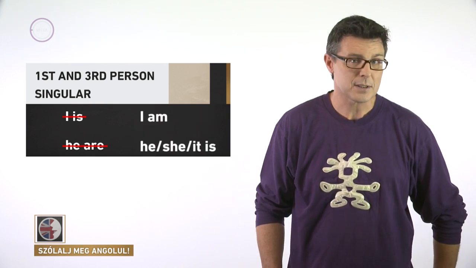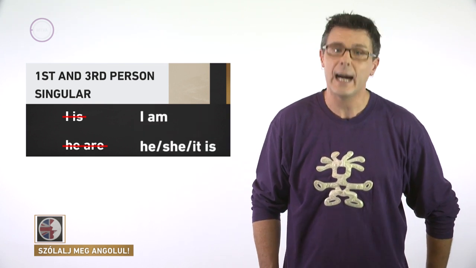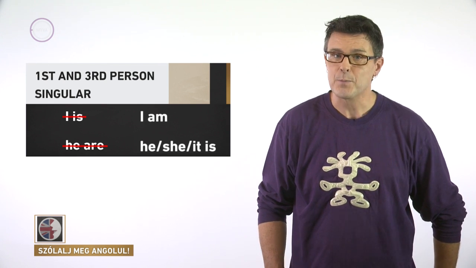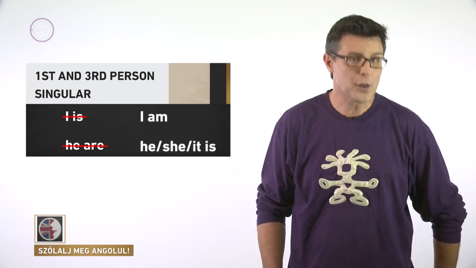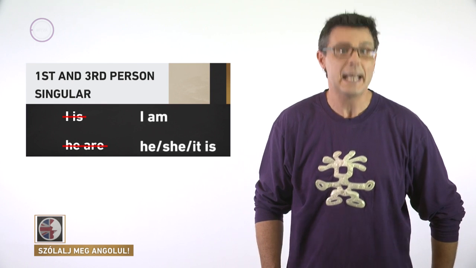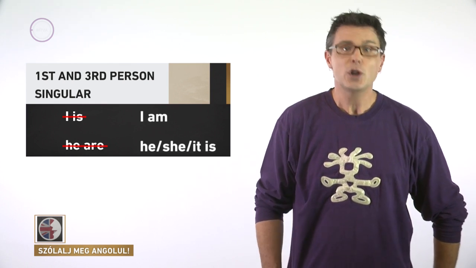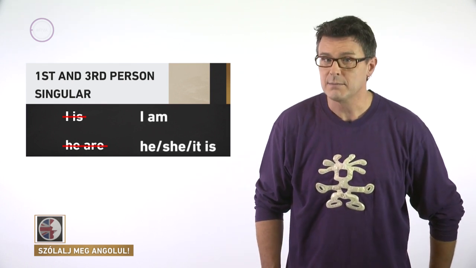With the first person singular, the form is am, I am. And the correct form for the third person singular is he is, she is, and it is. Okie dokie, happy blokey. So, if we're using the present simple form of the verb to be to talk about Dave Squid, we say Dave Squid is, or Dave is, or he is.